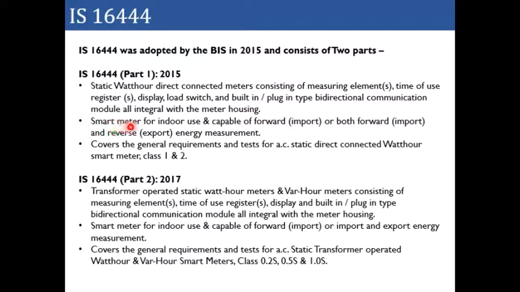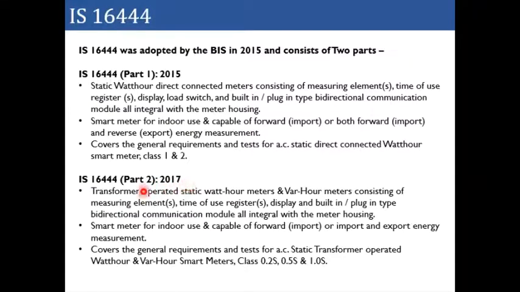It is a smart meter for indoor use and capable of forward, that is import, or both, that means import as well as export energy measurements. It covers the general requirements and tests for AC static direct connected watt hour meters having accuracy of class 1 and 2.